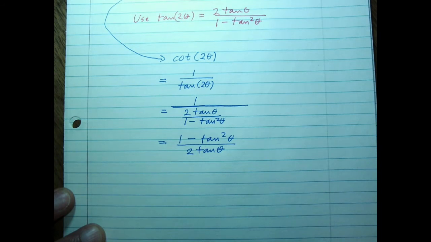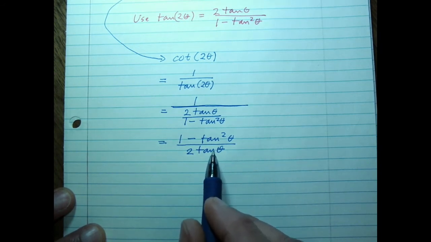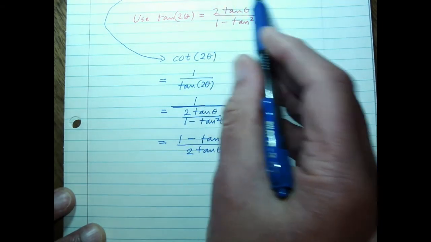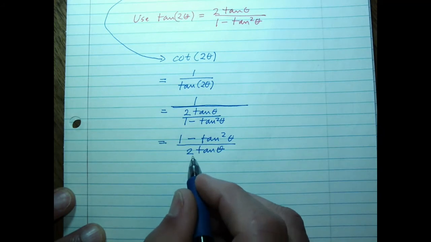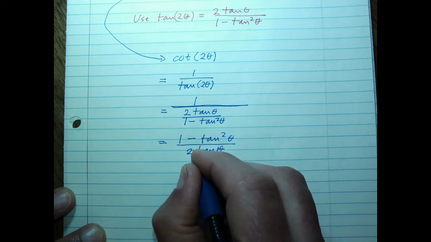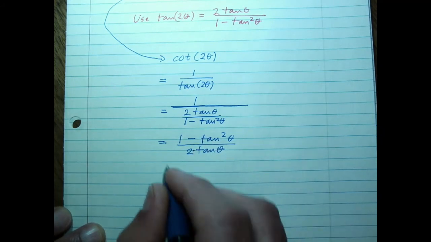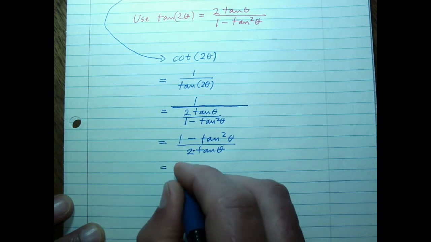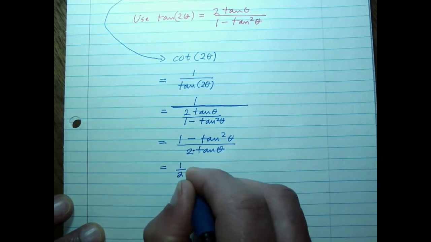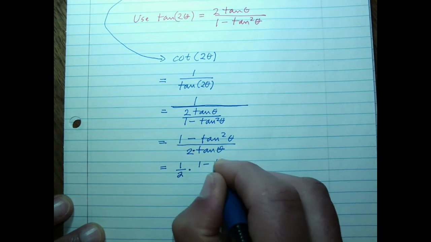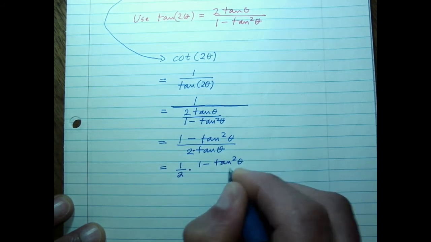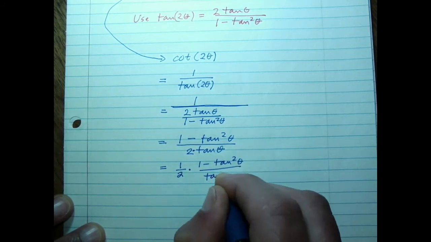Now, if you're wondering, what is happening here? It doesn't look like 1/2 of a difference, but actually, I have 2 times tan theta in that denominator. That means this fraction could be written as 1/2 times 1 minus tan squared theta over tan theta.